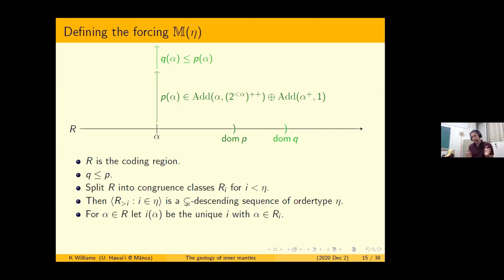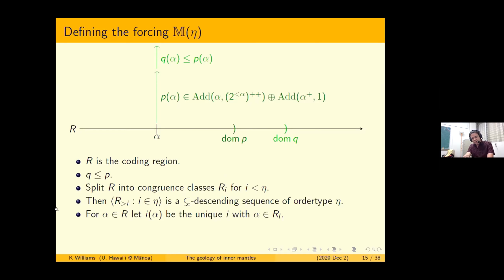If eta is omega, you split into the omega many congruence classes. The idea is that we use these congruence classes for the eta many steps we want to do. If we look at the bits of R with index greater than i and let i increase, that forms a descending sequence of order type eta.